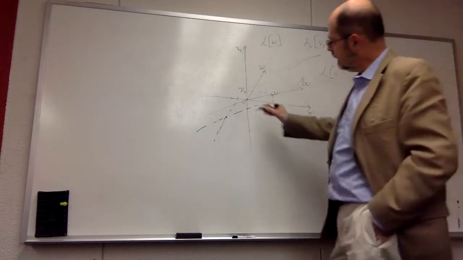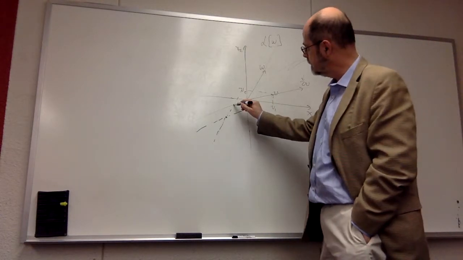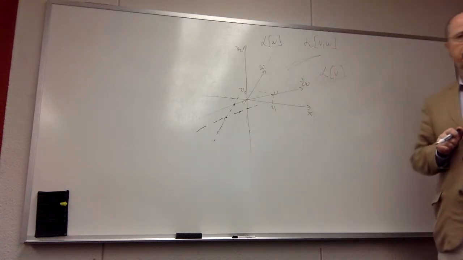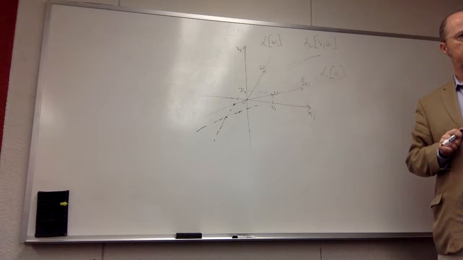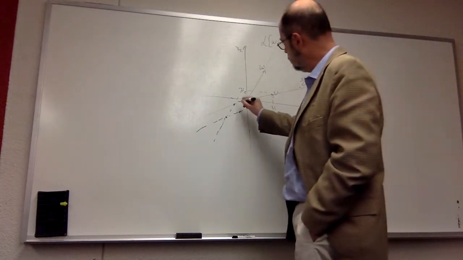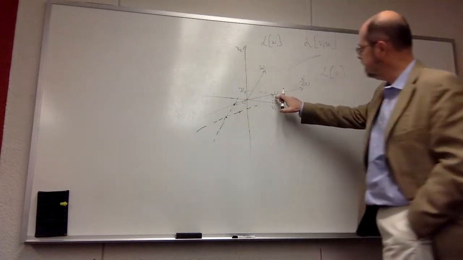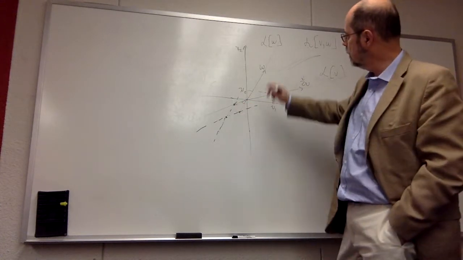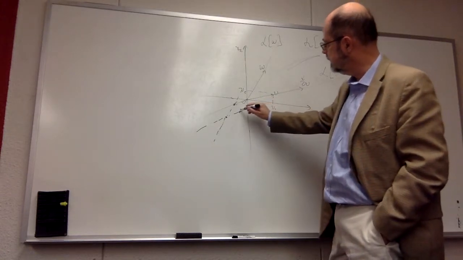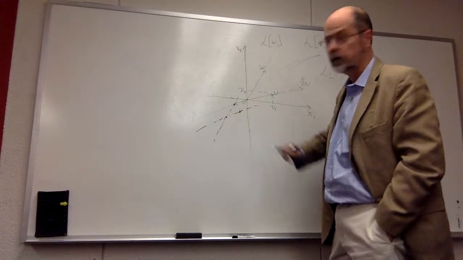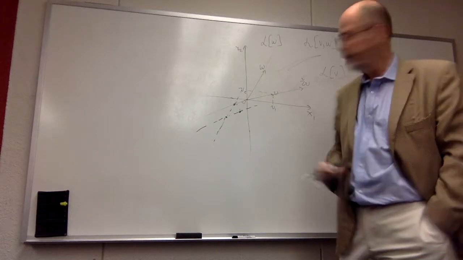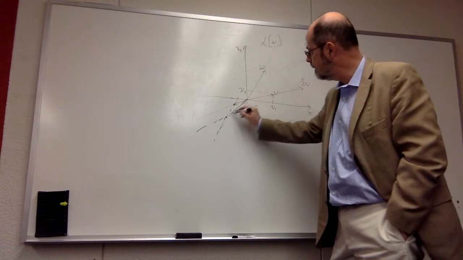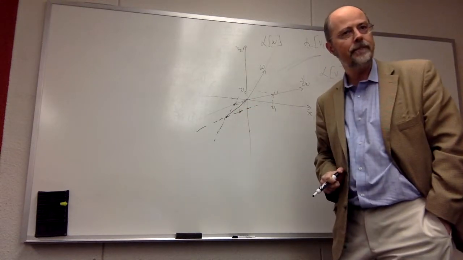Now, look where these dotted lines hit: L of w and L of v, right? So then you realize if you multiply v by whatever it takes to make it go here, and you multiply w by whatever it takes, there will be negative numbers in both cases, to go here, then the sum of this vector and that vector is the vector you wanted, right?